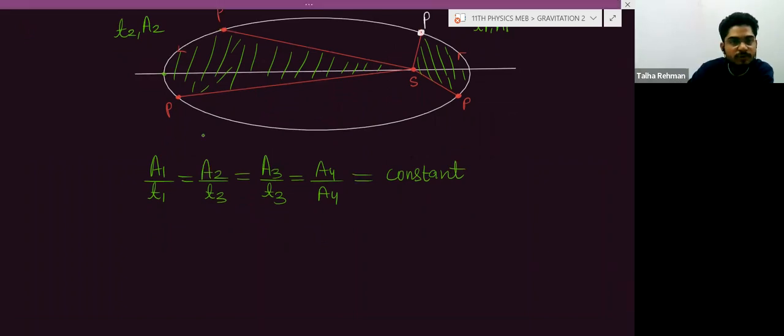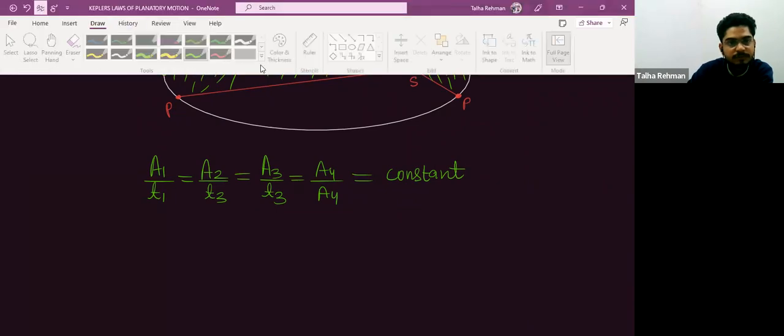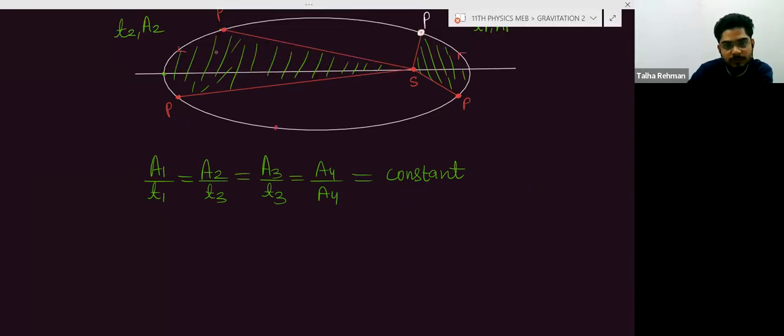So here in this case, it is better to take one more point. The planet is moving from this point to this point, this point to this point.